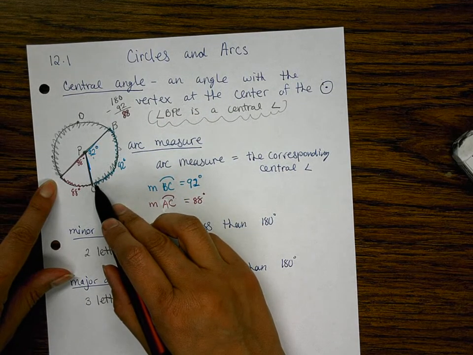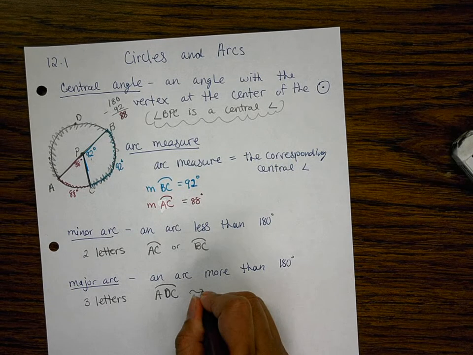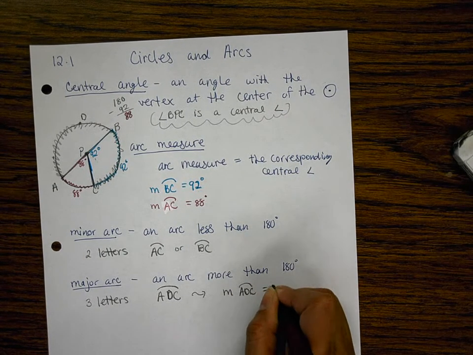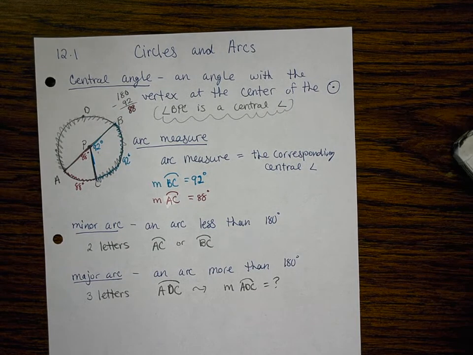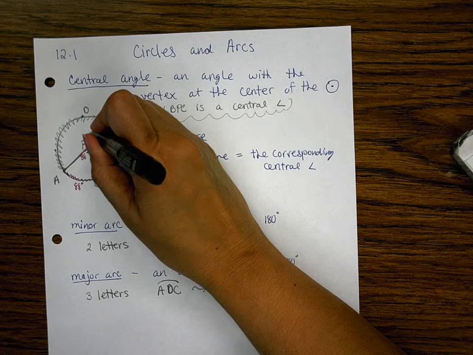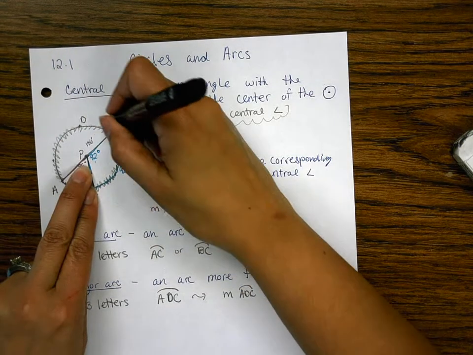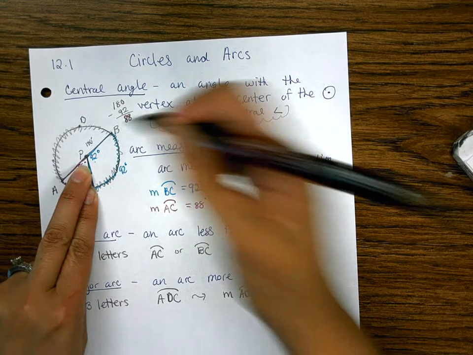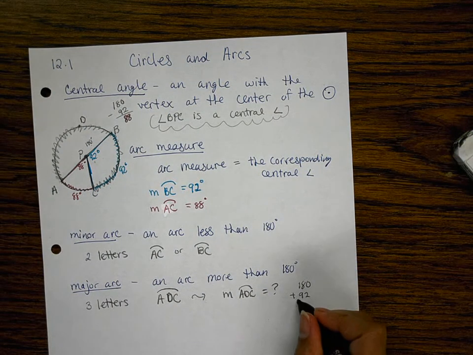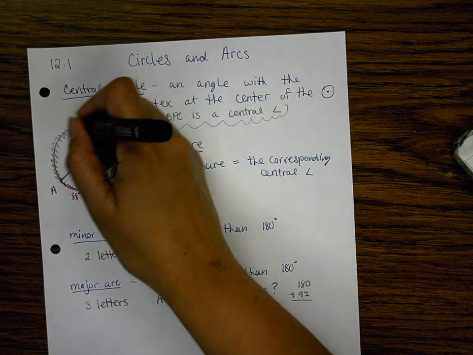How would you find the measure of arc ADC? What is the measure of arc ADC? How do you find it? Well, we talked earlier, we know this is a straight line, so we know that's 180 degrees. And we went all the way around, so we have 180 plus 92. Now, if you wanted to, you could also say, hey, a complete circle is 360.